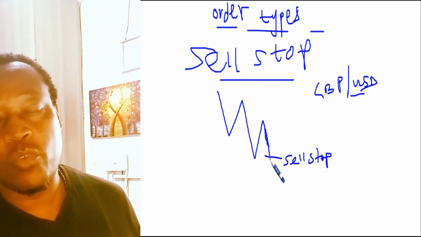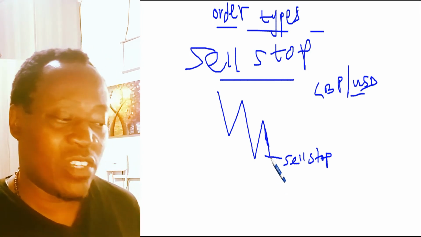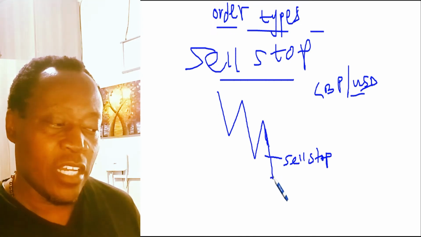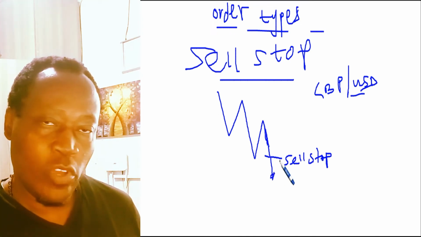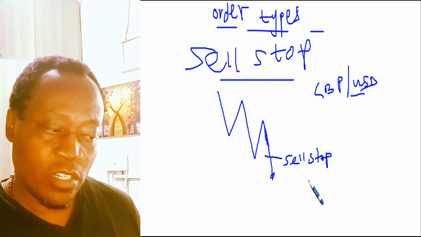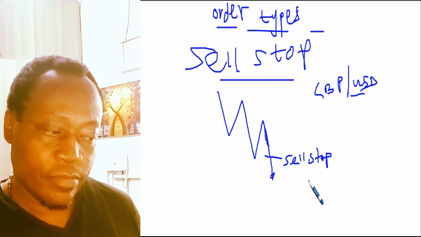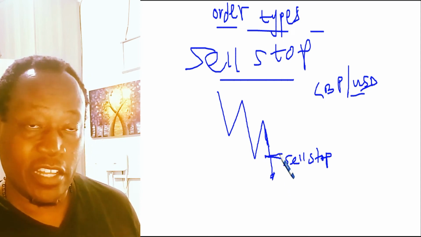And remember, we said in a short or a sell market, if you sell and price keeps going down, then you gain positive pips. Remember that, please. We had said that.